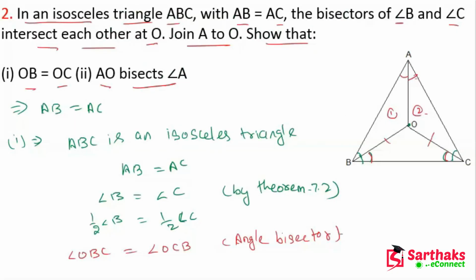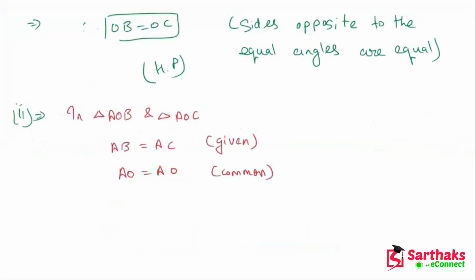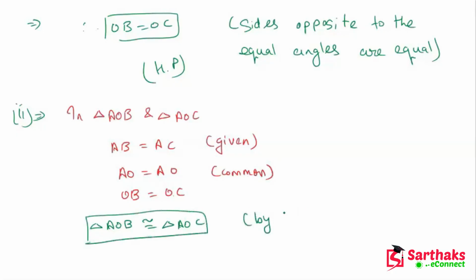And OB and OC are equal. This part is already proved in part 1, so we can write OB is equal to OC. Got it? So triangle AOB is congruent to triangle AOC by the SSS rule. This rule we will discuss later.